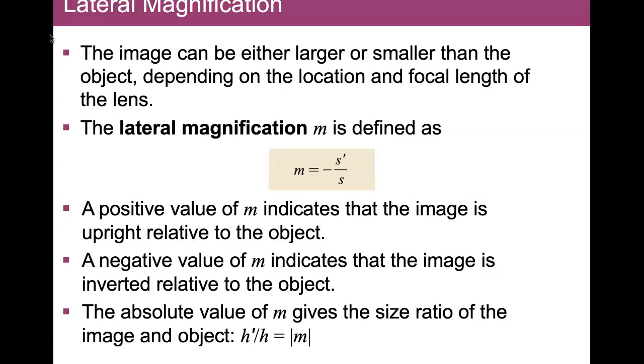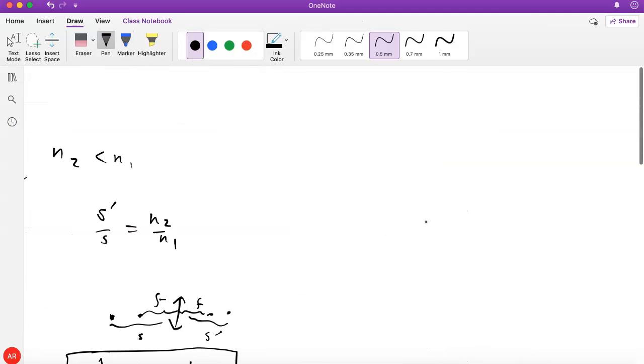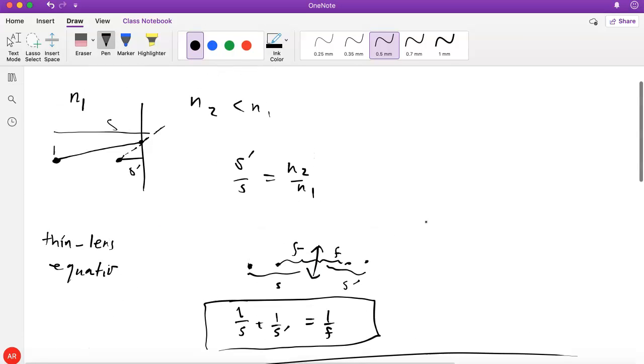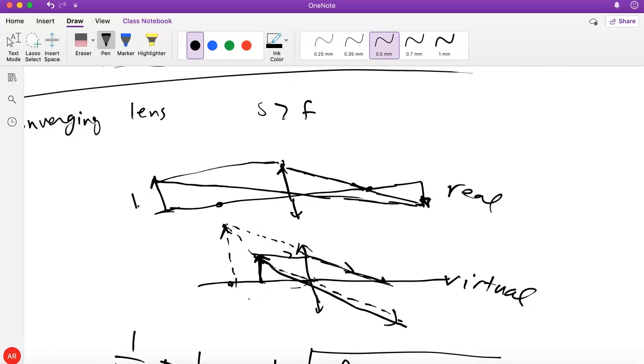Now, there is a quantity called the lateral magnification, m, which is defined as minus s prime over s. Remember when we were talking about the size of the image, let's say if I form this image here, I have a height h, here I have a height h prime.